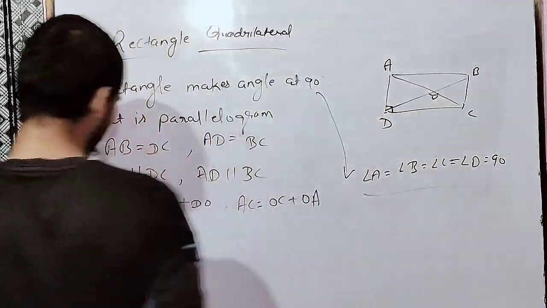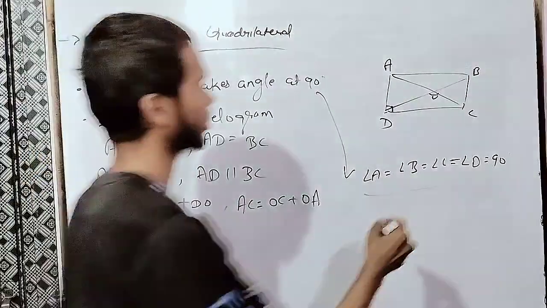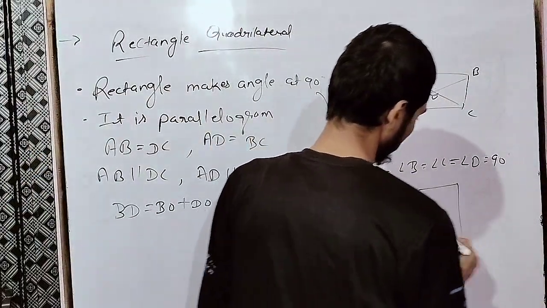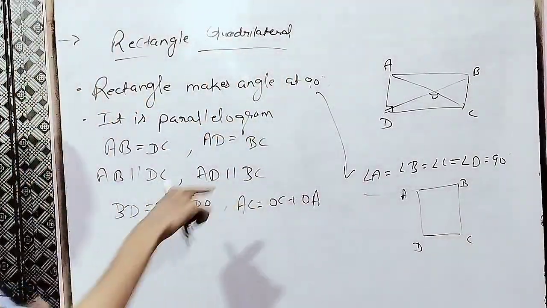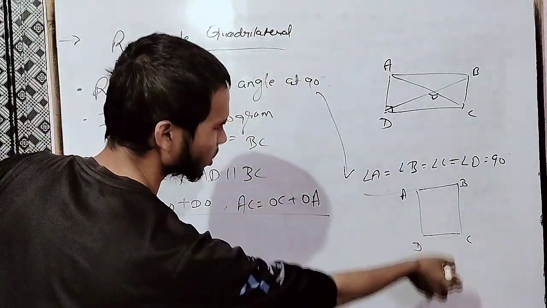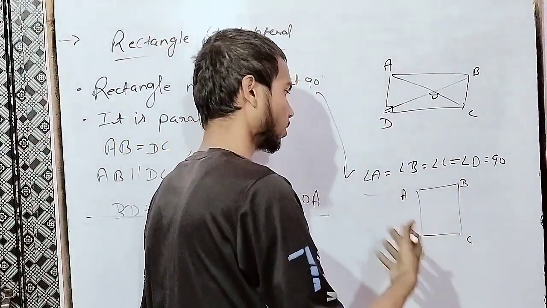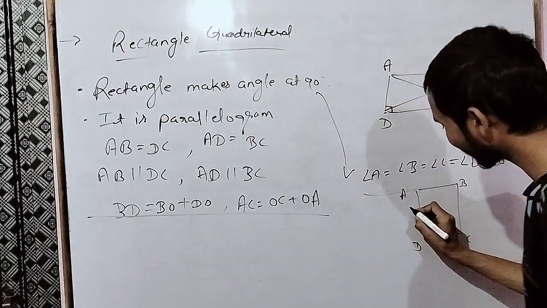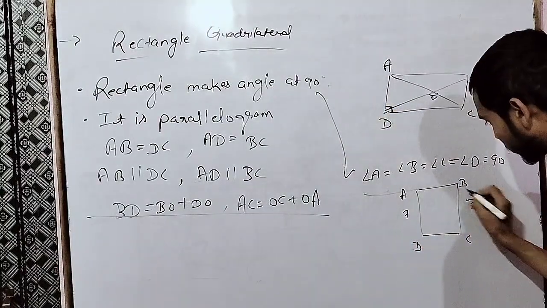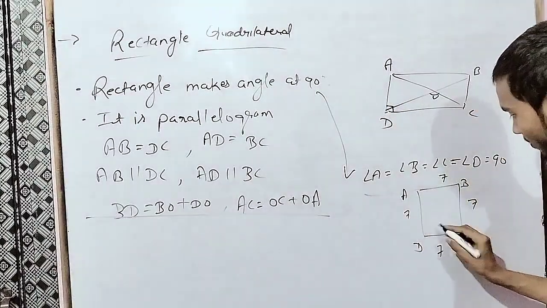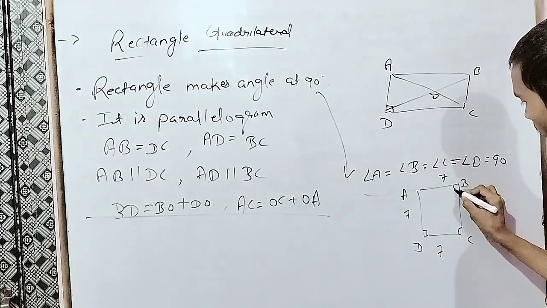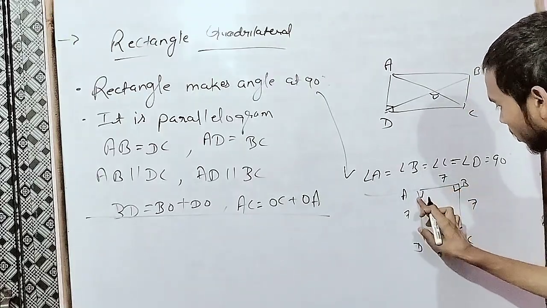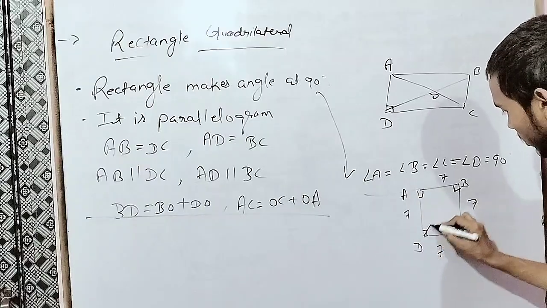Clear? Now, in the case of a square, A, B, C, D. Let's understand a square. Each side of this square would be the same: 7, 7, 7, 7. As well as each interior angle would be 90 degrees at a vertex.